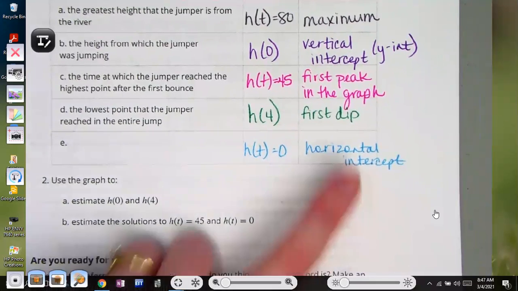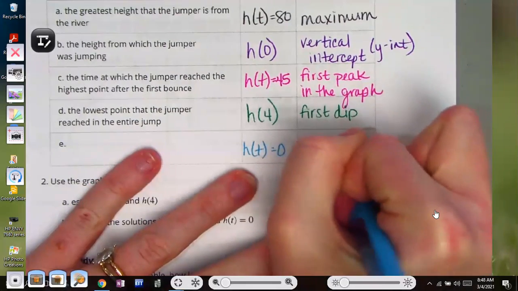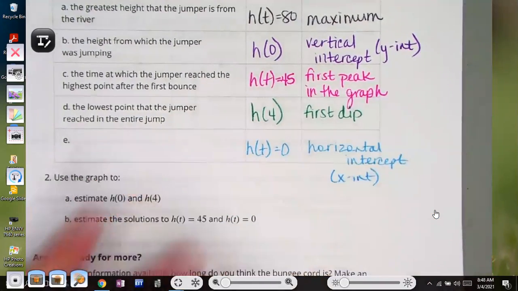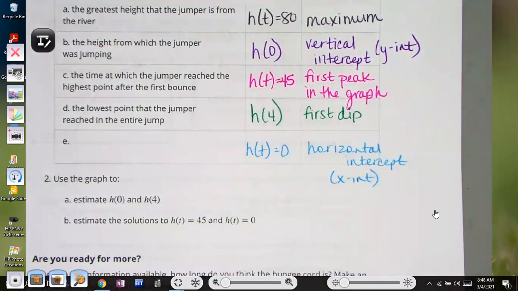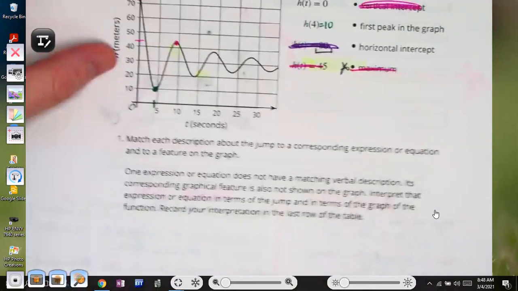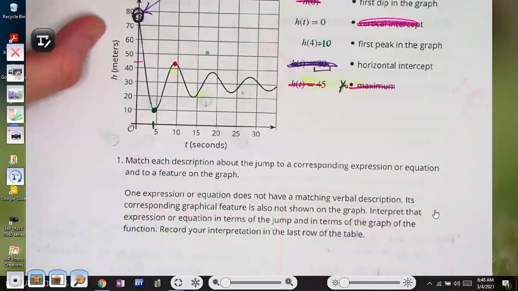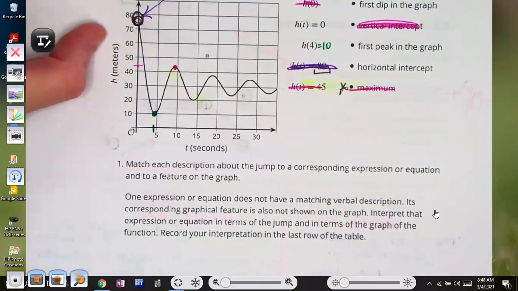That's the horizontal intercept, aka the x-intercept. That's where it crosses through your x-axis. If I'm looking at my graph, do we see a point where it's crossing through my x-axis? No. So it's not even on my graph.